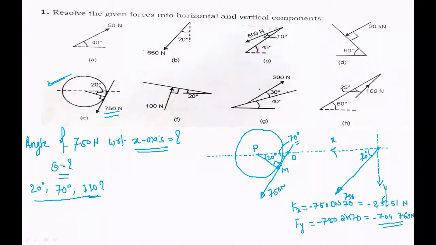So this is your final answer, the x component and the y component. What is important is that you must know the angle with respect to either x-axis or y-axis, and then how to construct x and y-axes for the force resolution. Then you can find x and y values easily. So is it clear?